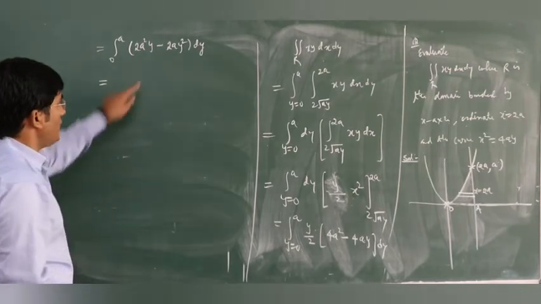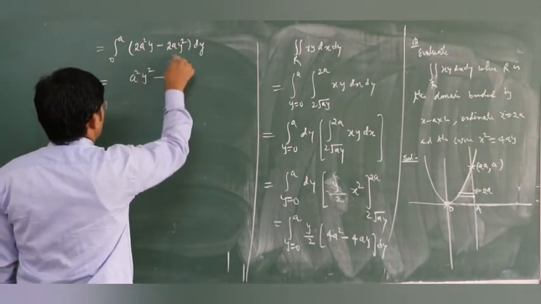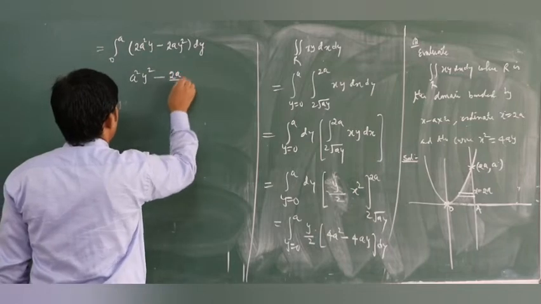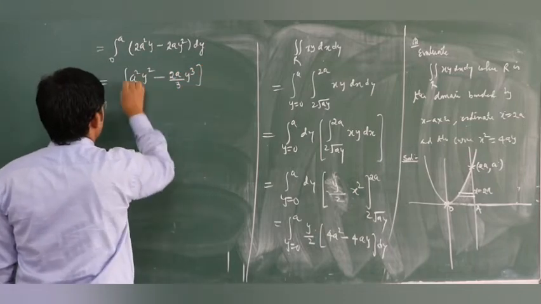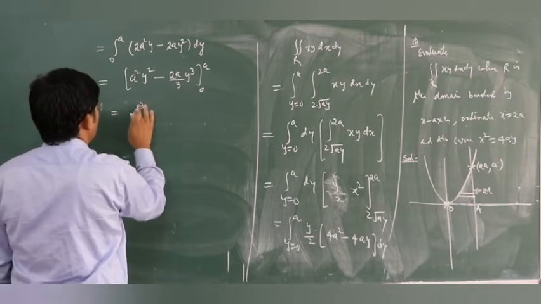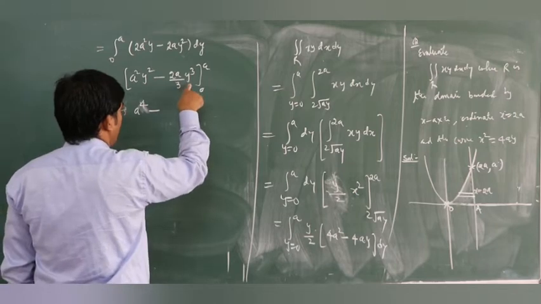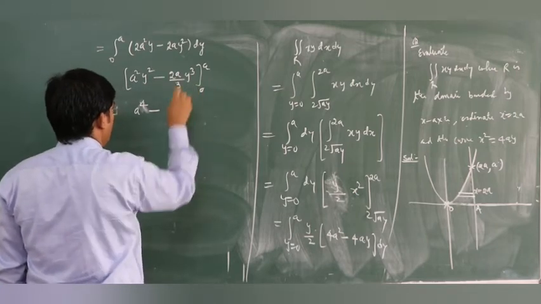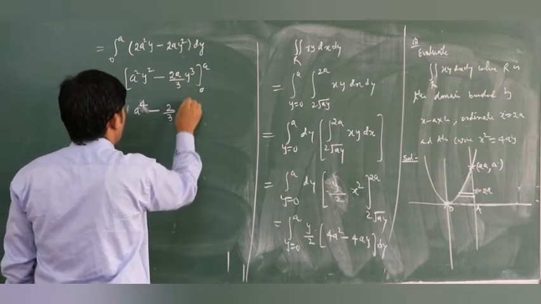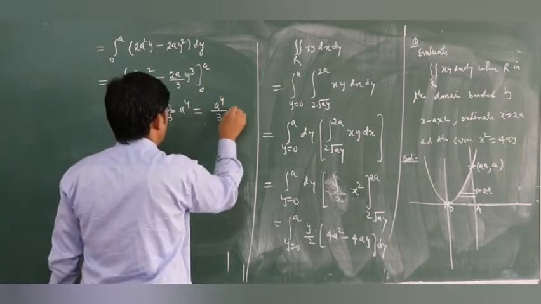The integration of y will be y square by 2, so we have a square y square. Here we will have y cube upon 3, and then the limits from 0 to a. So this is a cube, a power 4, minus a power 3 into a, so this will be 2 upon 3 a power 4, and this is equal to a power 4 upon 3. So this is your answer.